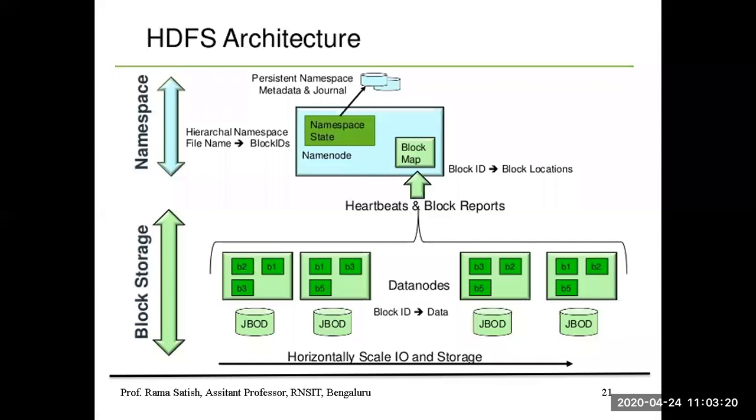And how exactly does the data node maintain rapport with the name node? Every 1 second it sends a heartbeat. Heartbeat means the block report. It says, I have all these blocks, and these blocks are with me.